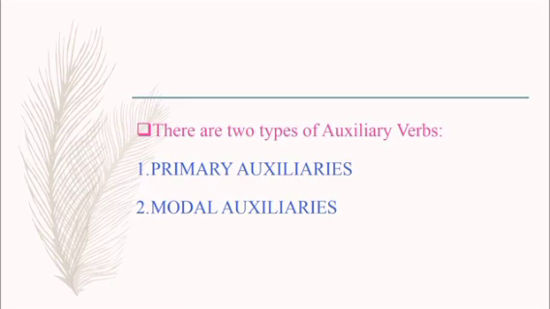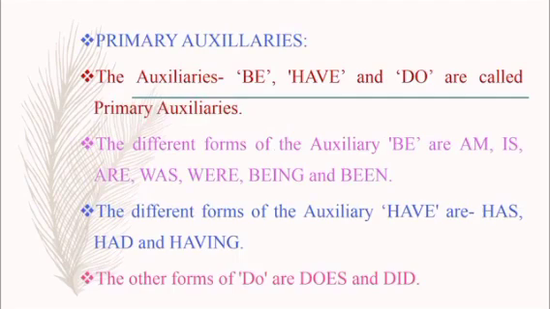Primary auxiliaries. The auxiliaries be, have and do are called primary auxiliaries. So what are primary auxiliaries? Be verbs, have verbs and do verbs are called primary auxiliaries.